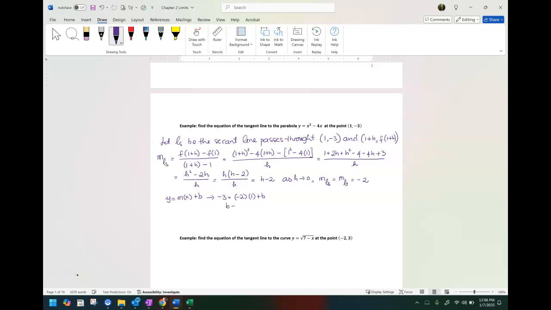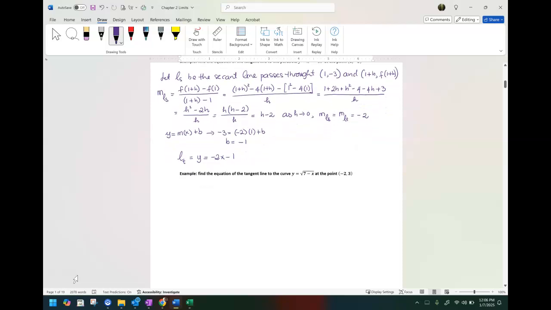So b is equal to negative 1. So the equation for the tangent line is approximately y equals negative 2x minus 1.